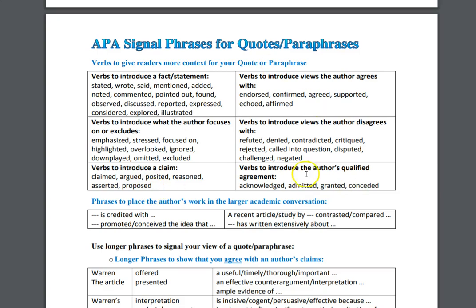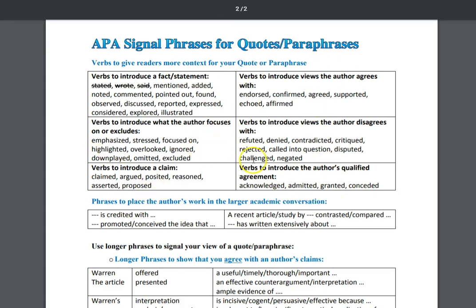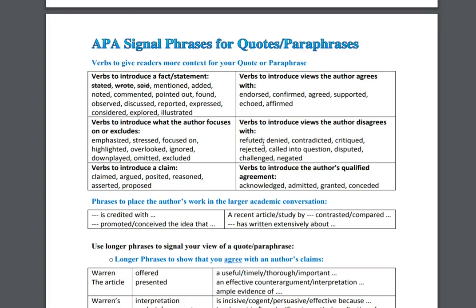This chart is very important. This is what I want you to have near you as you're going through your paragraphs for questioning and discussing, and then for your media and your literature. All three of these paragraphs need quotes added into them.